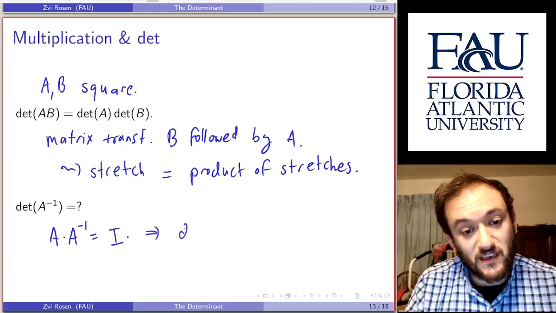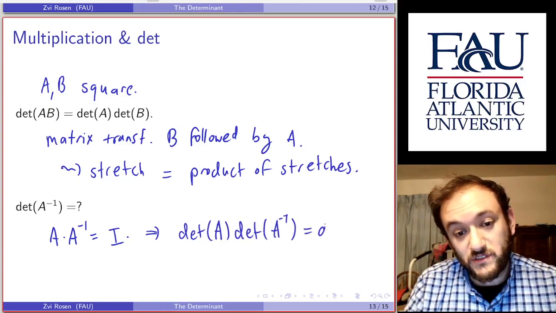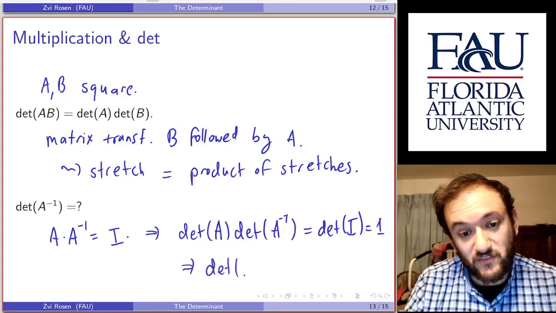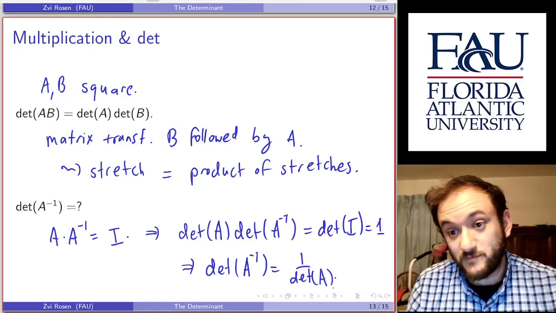So this should tell me that the determinant of A times the determinant of A inverse will be equal to the determinant of I by the previous property, and we know that this is equal to 1. So that tells me that the determinant of A inverse is equal to 1 over the determinant of A. Okay, which is pretty cool.